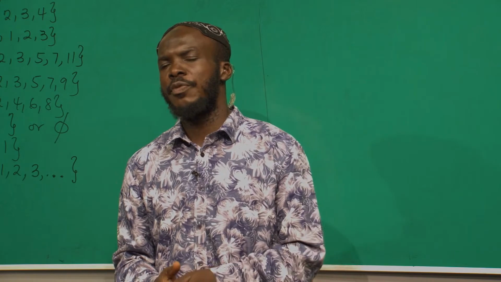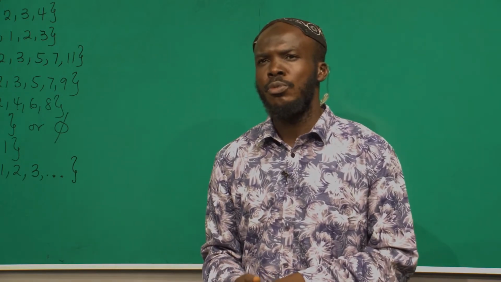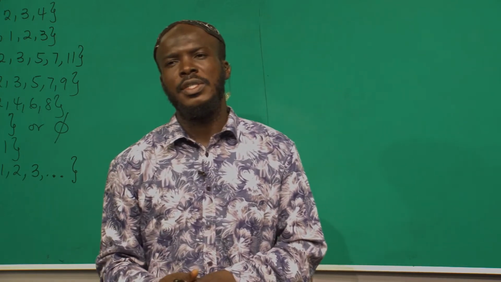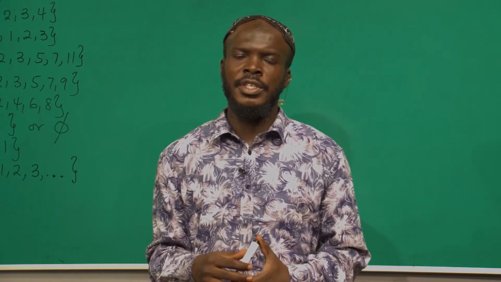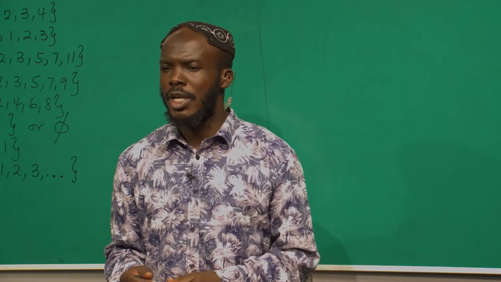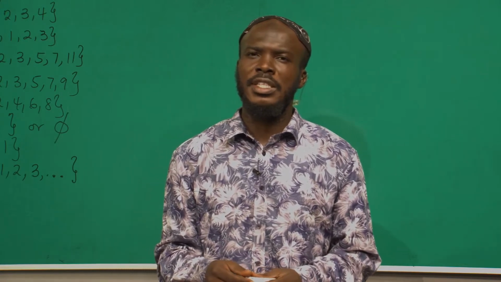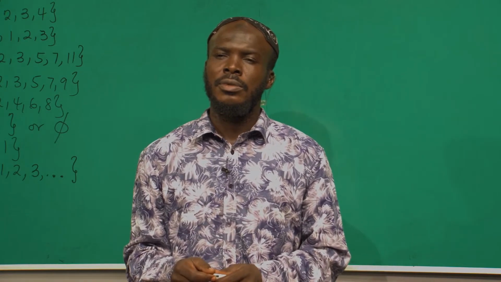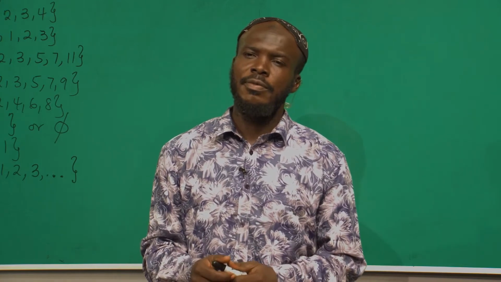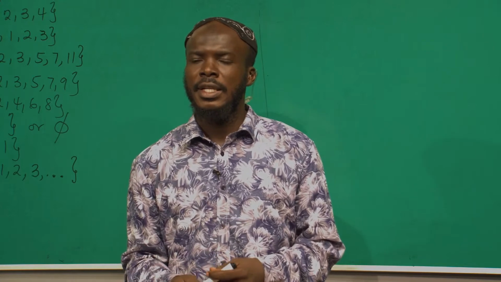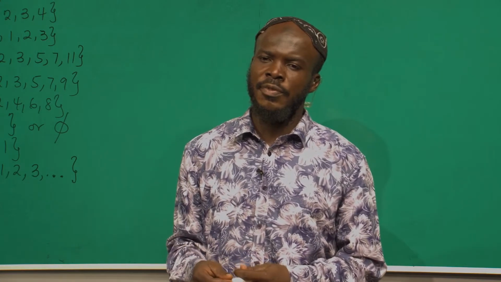Then we have a set of even numbers which starts from 2, 4, 6, 8, 10, and also ends at infinity. And we have a set of odd numbers which also starts from 1. We go to 3, 5, 7, 9, 11, and also ends at infinity.